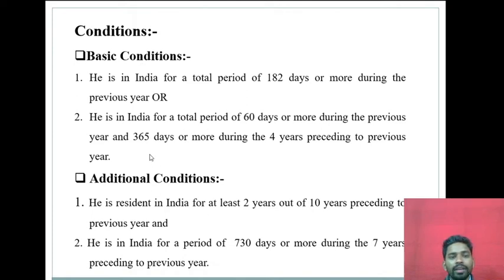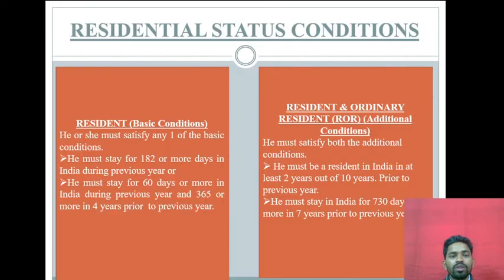Now, how to identify the residential status in India? For the resident purpose, which conditions should be satisfied? He or she must satisfy any one of the basic conditions. Out of these two conditions, any one should be satisfied.